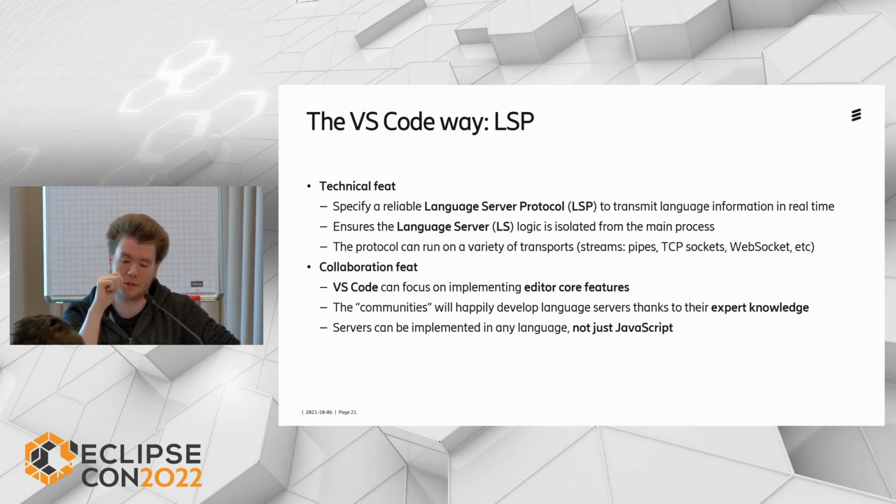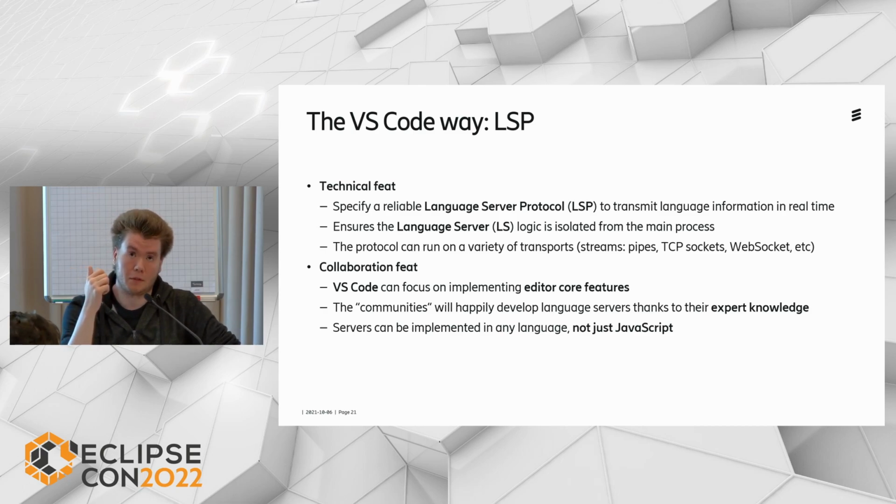So what this means is, for instance, if we look at the C++ community with ClangD, people are already working on the compiler and trying their best to make the errors as good as possible.